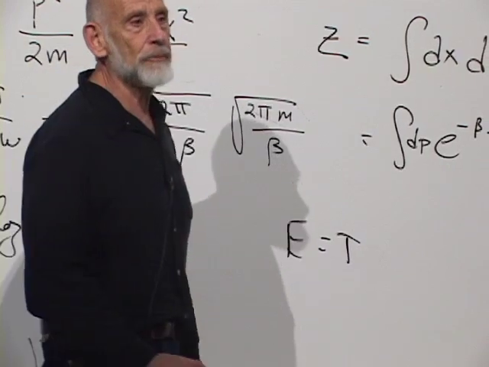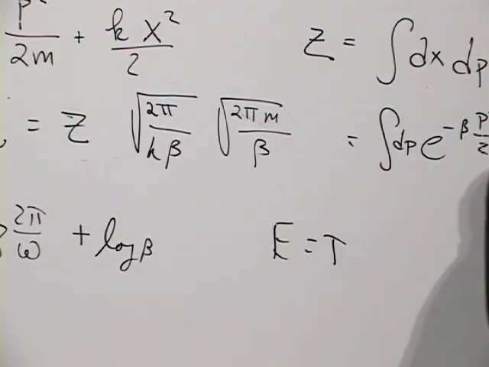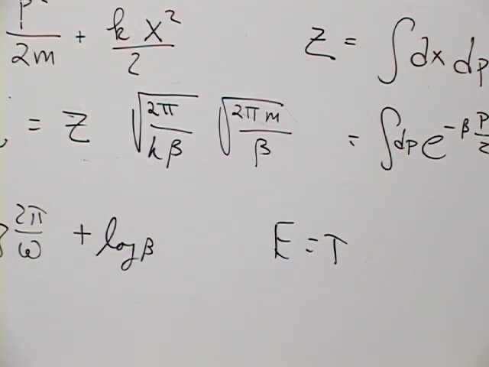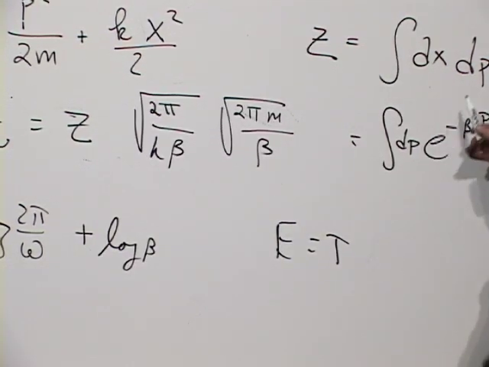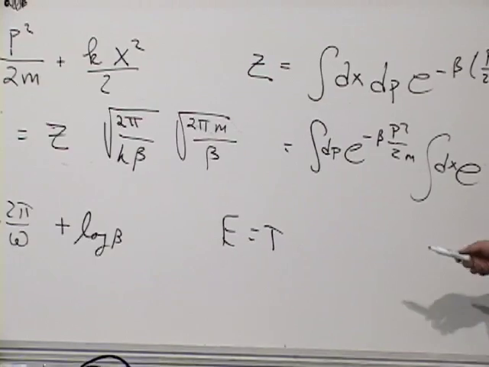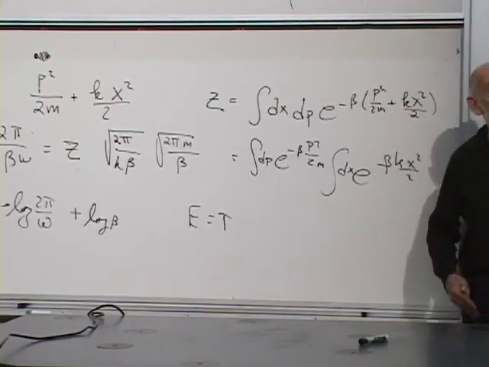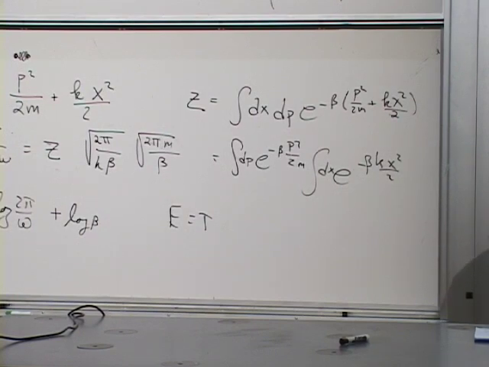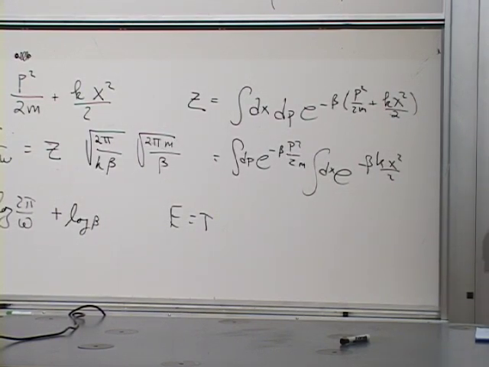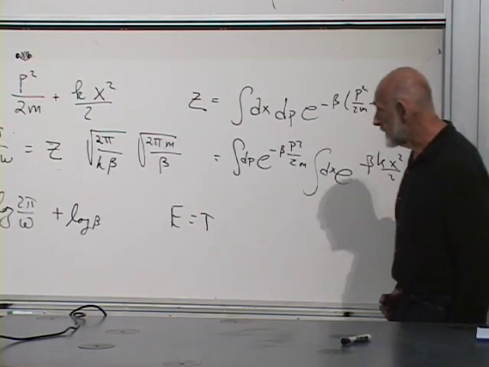So the energy of this oscillator is just 1 over beta, which is just the temperature. Not a half the temperature, not 3/2 the temperature, but just the temperature. The reason it's 1 times the temperature and not a half times the temperature is because there are two integrals here. You get 2 factors of the square root of beta in the denominator, and that gives you temperature for the energy. Notice that it doesn't depend on the spring constant.